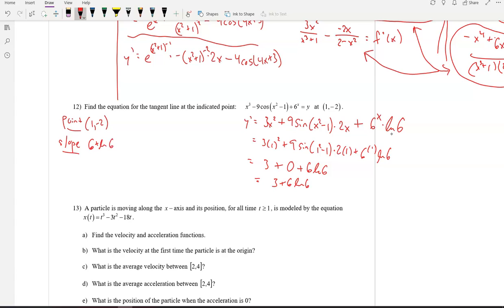And so for our equation, don't forget, we're writing the equation of the tangent line, so we're not done yet. We have to write the equation of the line. y plus 2 equals our m, and please put parentheses around this, times x minus 1. And voila, there's the equation of your tangent line. Why did I put 6? It should be 3.